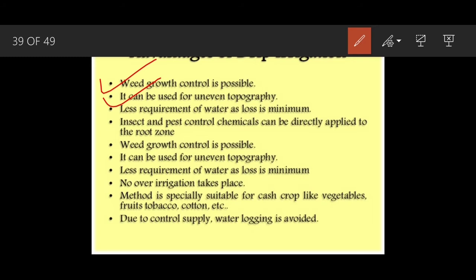This setup can be put up. Less requirement of water and losses minimum. Insects and pests are controlled, right? Can be directly applied to the roots. Even this system can be used to put insecticide and pesticide into the roots.